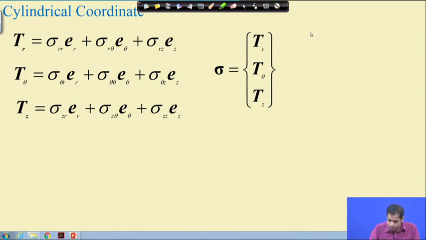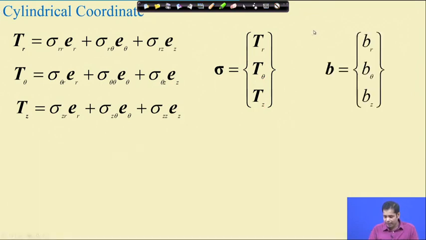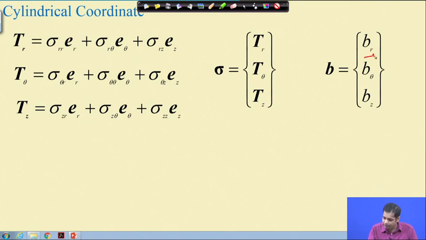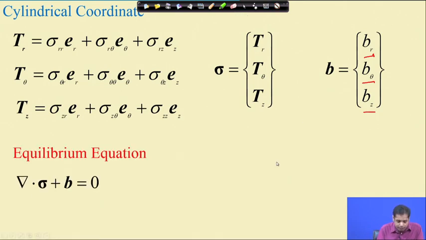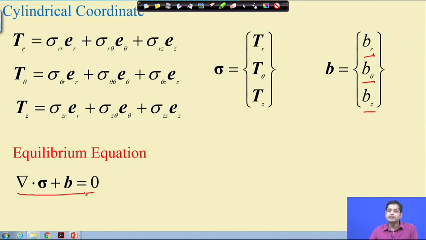Next, suppose B is written in the r theta z directions as B r, B theta and B z, the way we wrote Bx, By, Bz in the Cartesian coordinate system. Then we have the equilibrium equation, which is general. When we derived it, we did not assume any specific coordinate system.